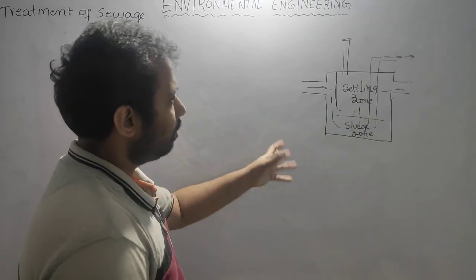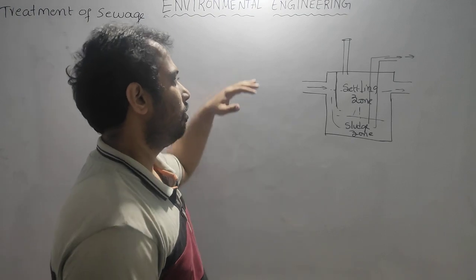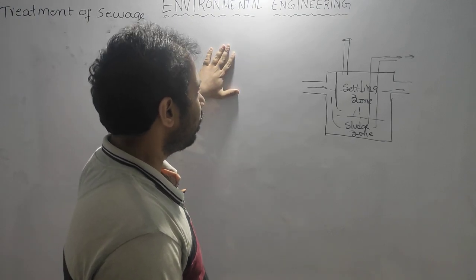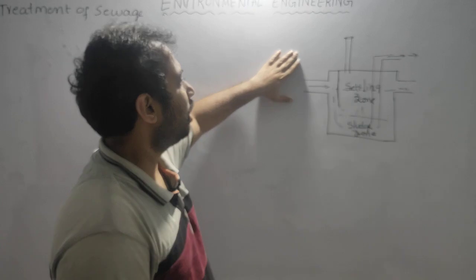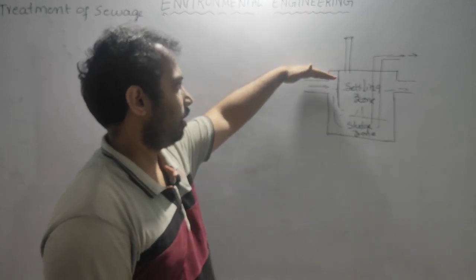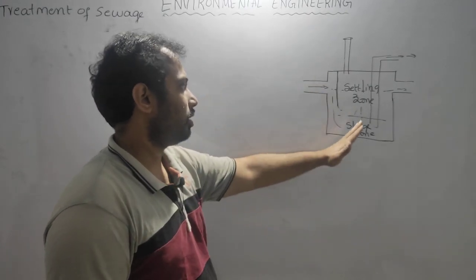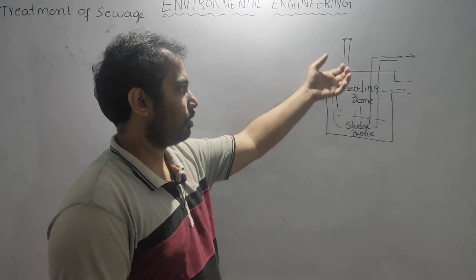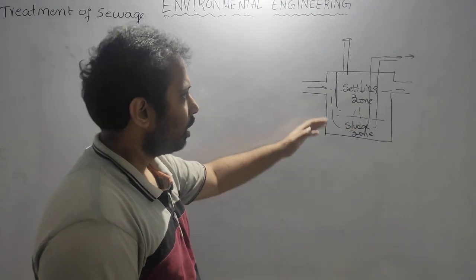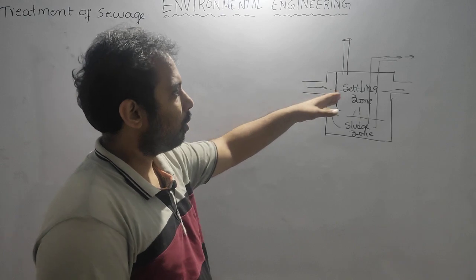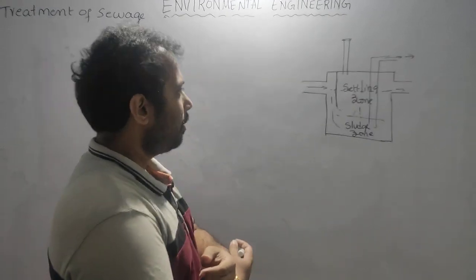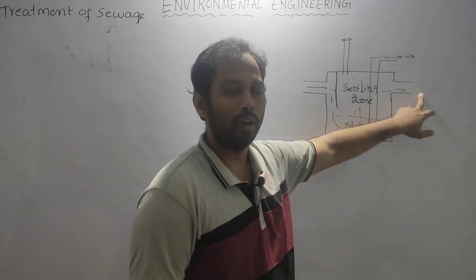The working mechanism of the septic tank: whenever we release any kind of solids along with the water, it goes into the septic tank, hits the obstruction, goes down and enters the settling zone. Here the sludge falls down into the sludge zone and the clear water goes out. Sometimes this water also carries some BOD.